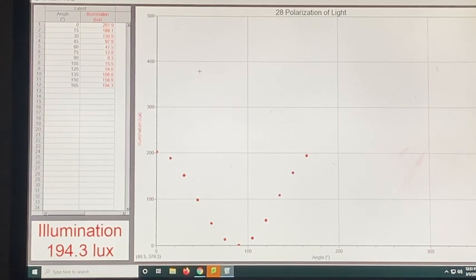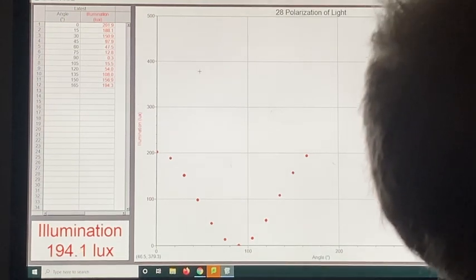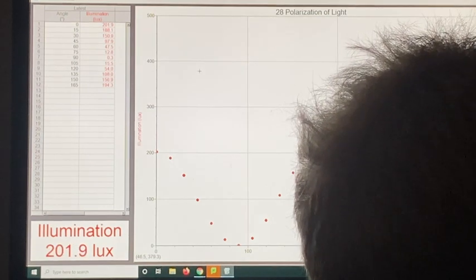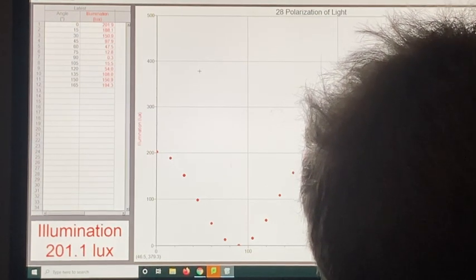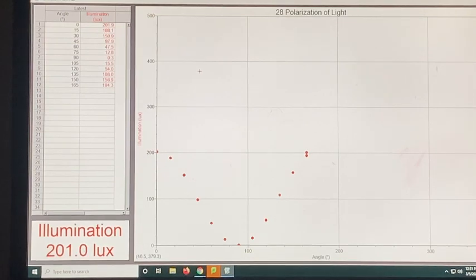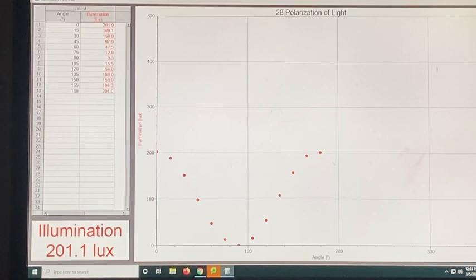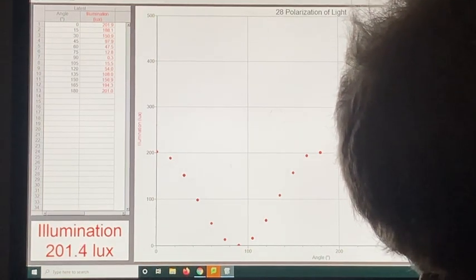Then 180. So now they're exactly opposite each other. Okay. Now I'll keep going. 195.